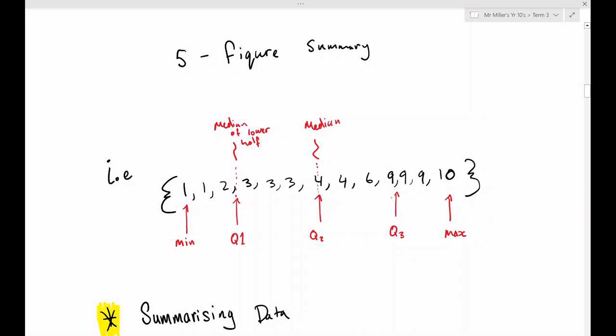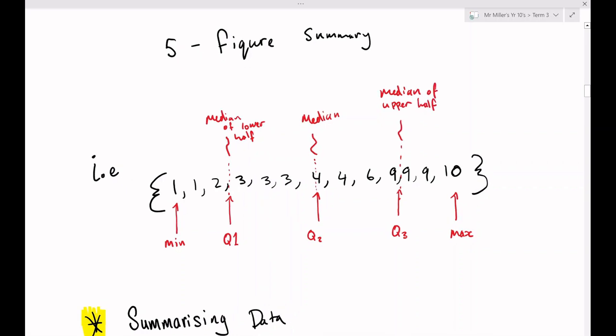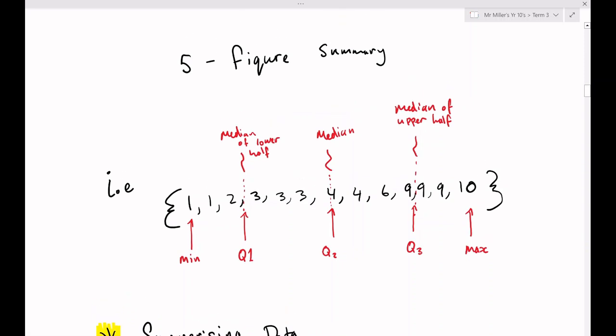Quartile 3, that is the median of the upper half. And the maximum, that's the highest value. So there's your 5-figure summary, and it breaks up our data into quarters, and it shows us the spread across all of those 4 quartiles.